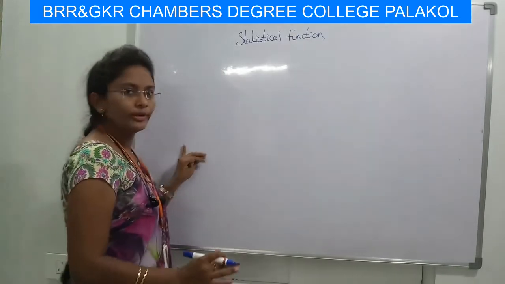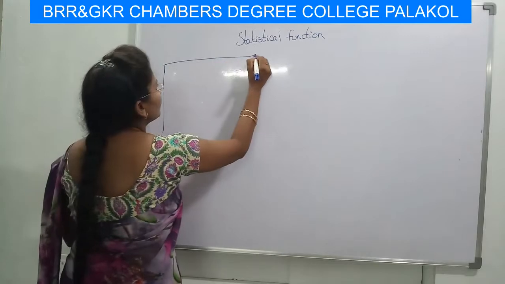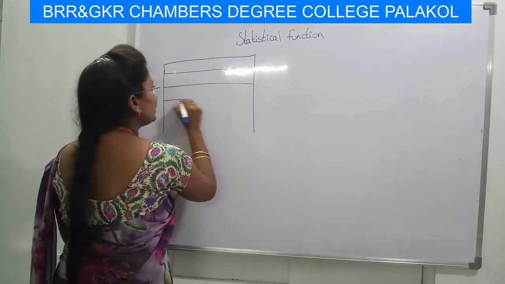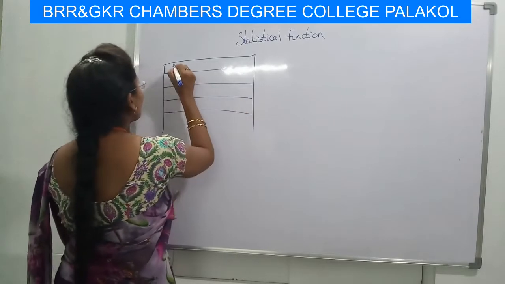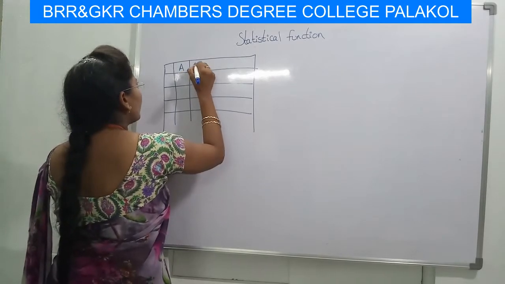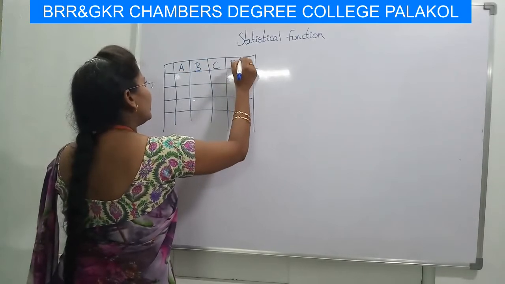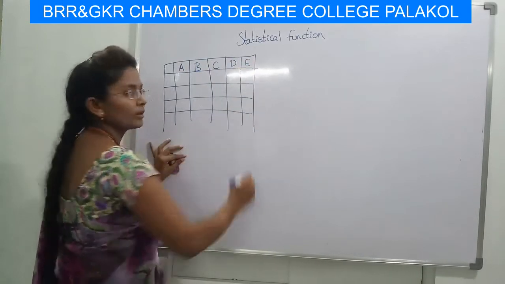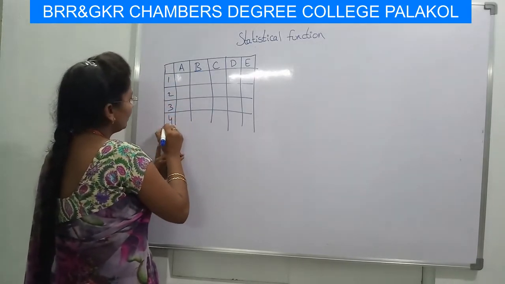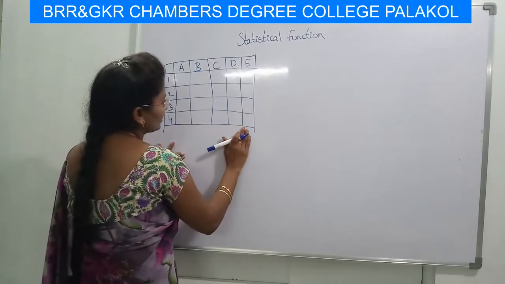For this function, we have to take some data in the Excel sheet. I am taking a sample Excel sheet here. Column A, column B, column C, D and E. Row 1, row 2, row 3 and row 4 as the rows.